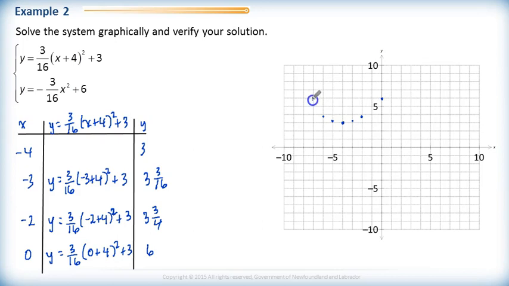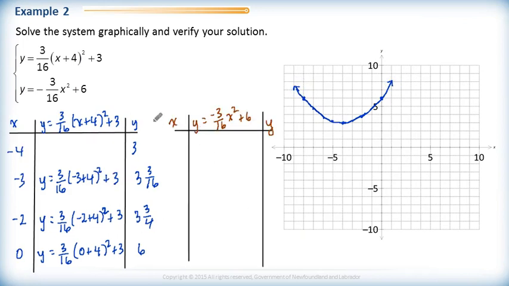So I'll go 4 spaces to the left for my next point. Oh, I put it in the wrong spot. Let's try that again. There we go. Right there. So I think that gives me a reasonably accurate graph for that one. Sketch it in. And let's hope for the best.